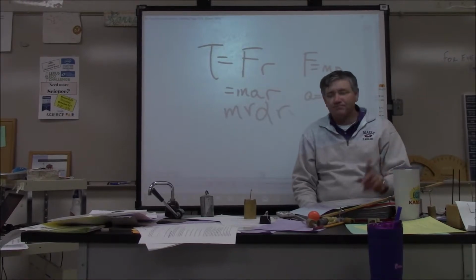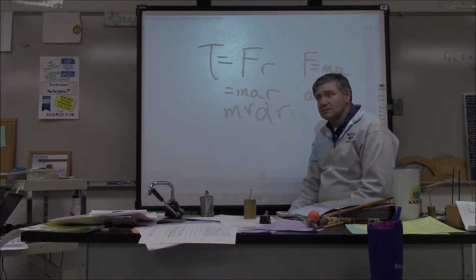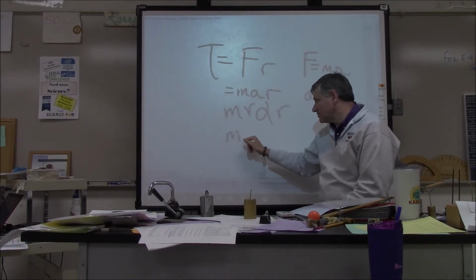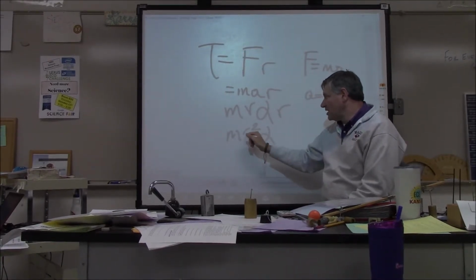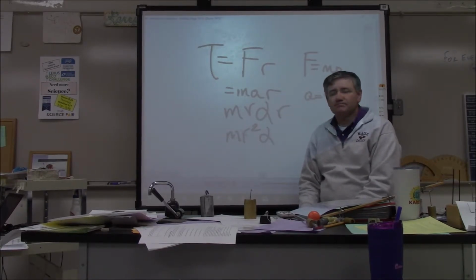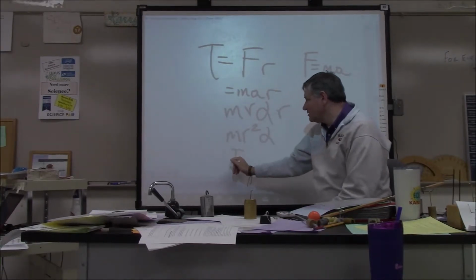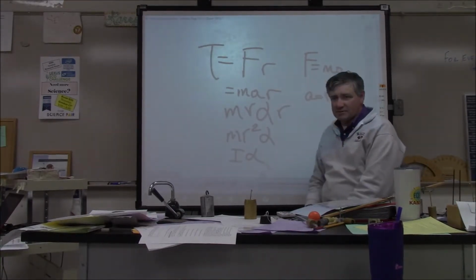Go with this. But if I take r times r, I get r squared. m r squared alpha. But what did we say m r squared was equal to? Moment of inertia. So that's also I alpha.